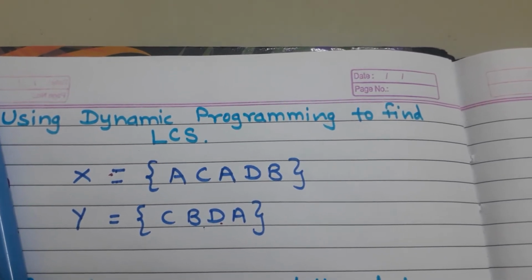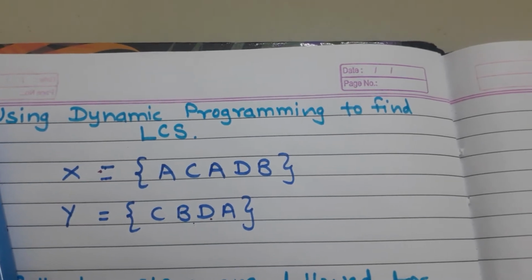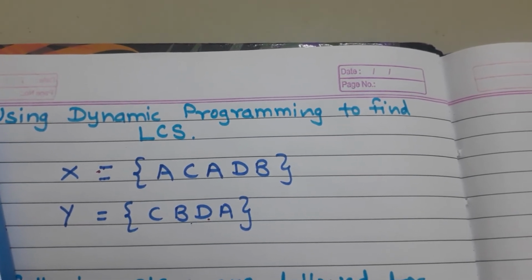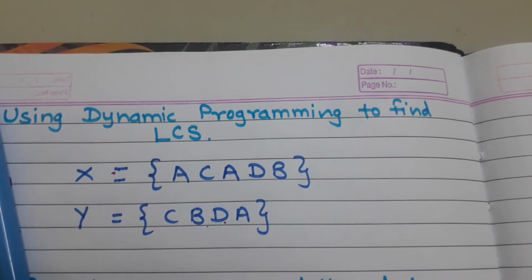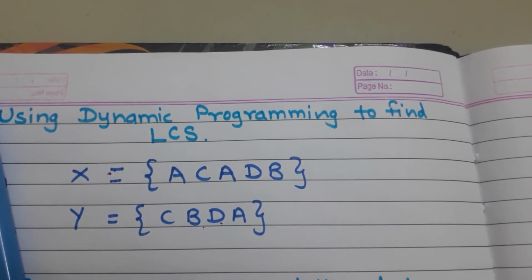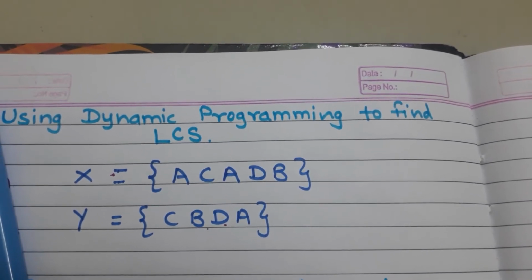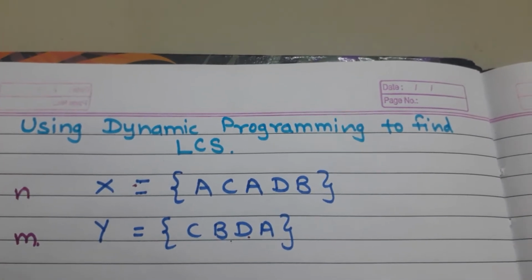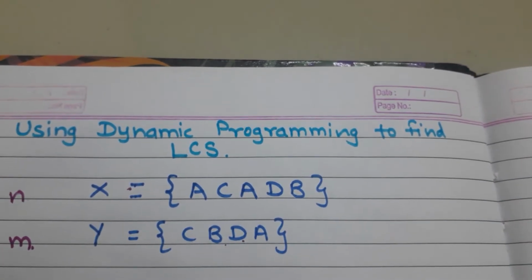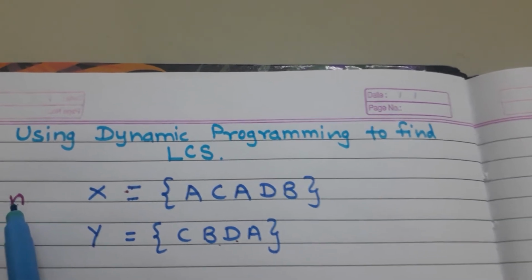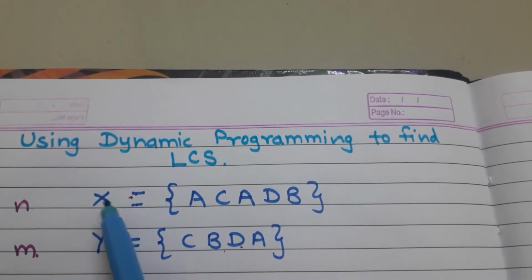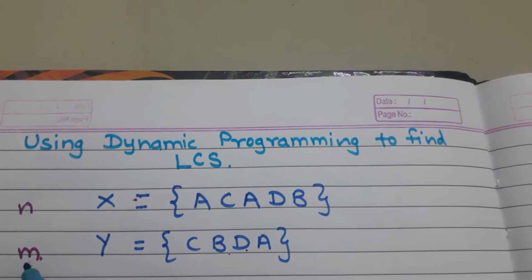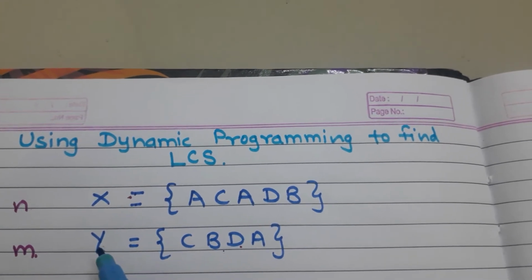Now, to solve this example, what do we have to do? First we have to create a table. When we create a table, we consider that n is the length of the X sequence, and m is the length of the Y sequence.